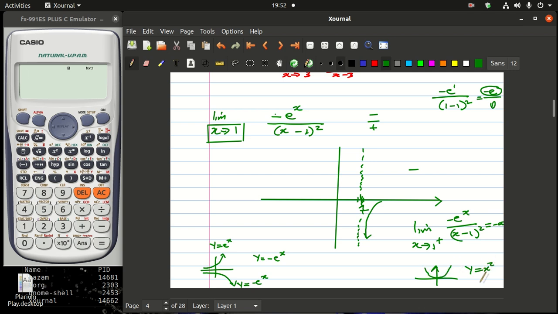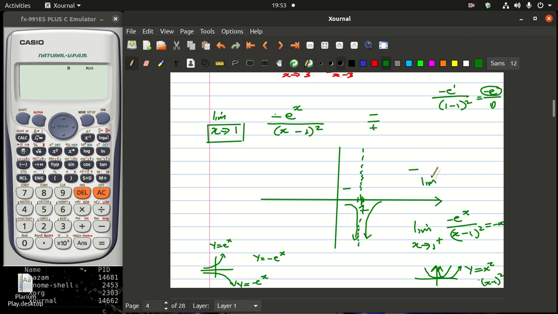Once I have (x minus 1) squared, I am shifting this curve to the right, so this one is also always going to be positive. So a negative over a positive means that on this side I also have a negative, so you can go all the way down.